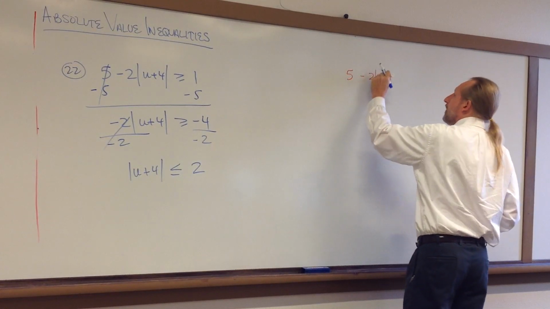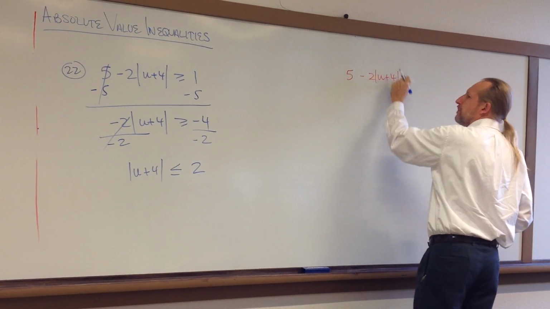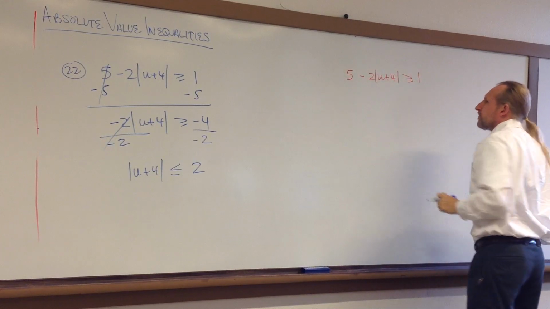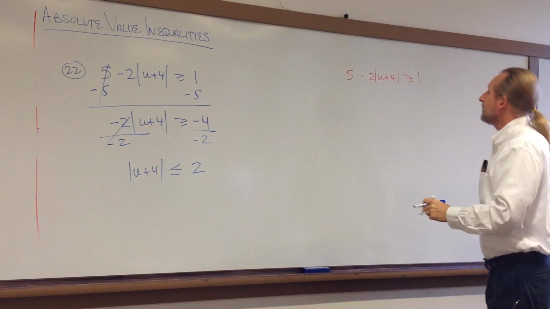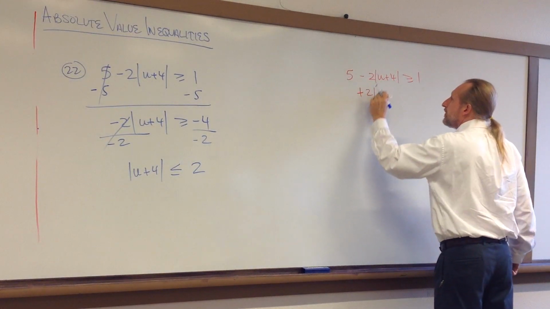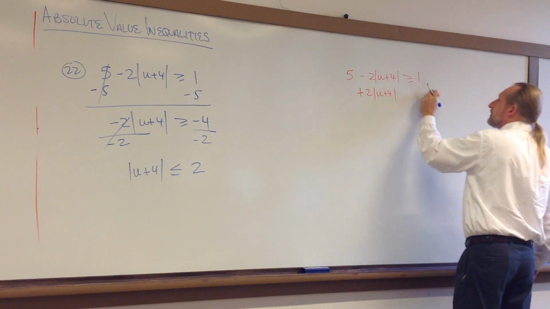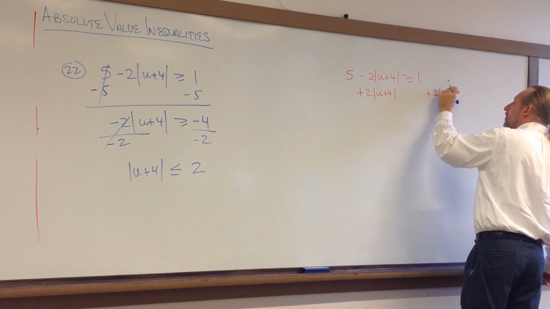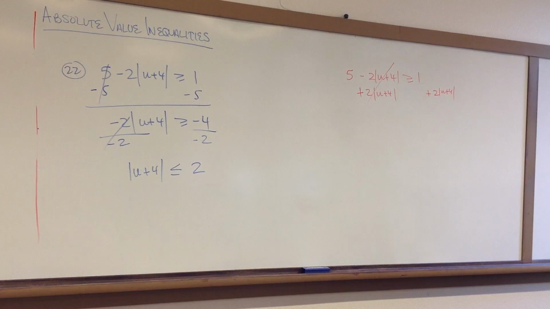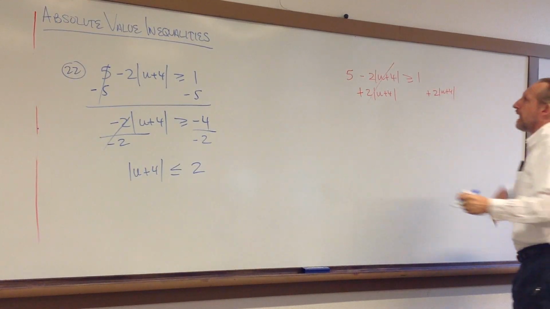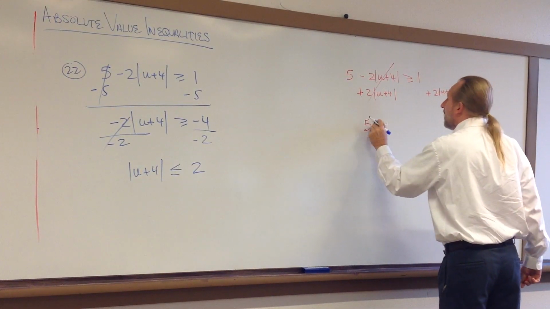Well, if you remember when I was talking about inequalities and why we flip this around when we divide by a negative, it's because it has the same effect as changing signs. So we can add 2 times absolute value u plus 4 to both sides. And this will be 5.